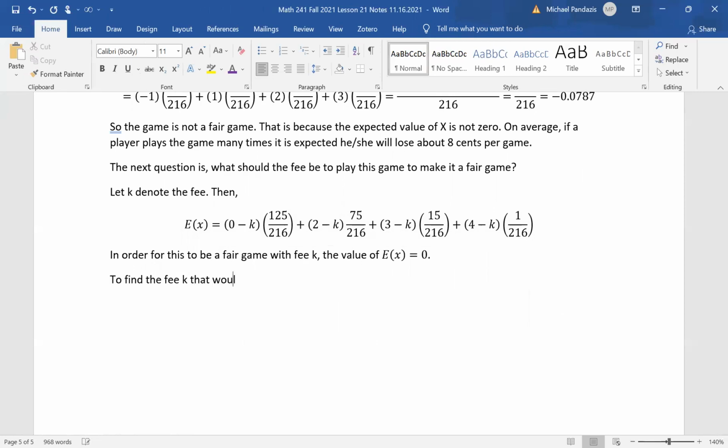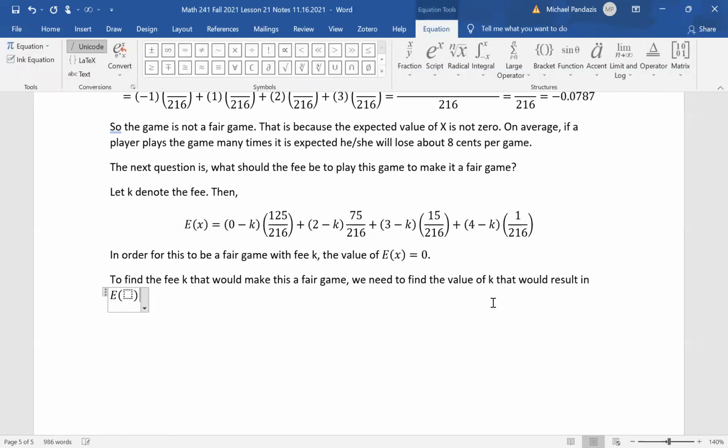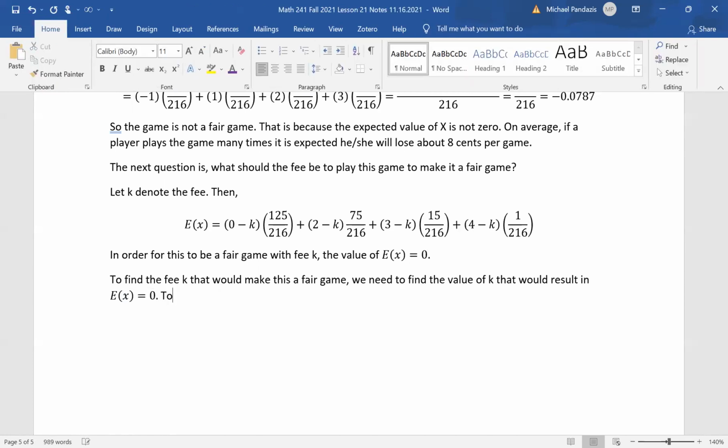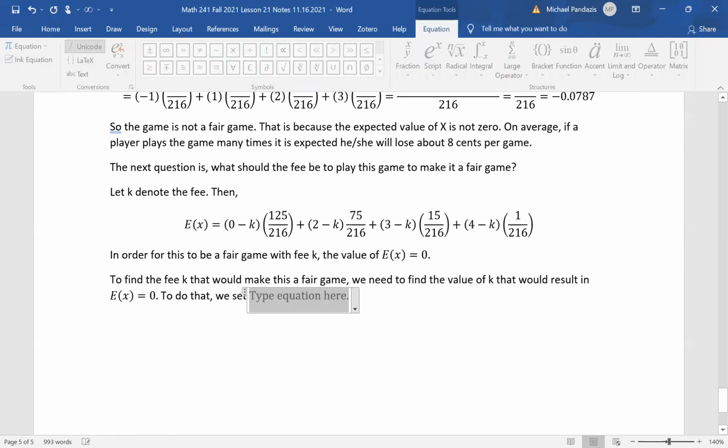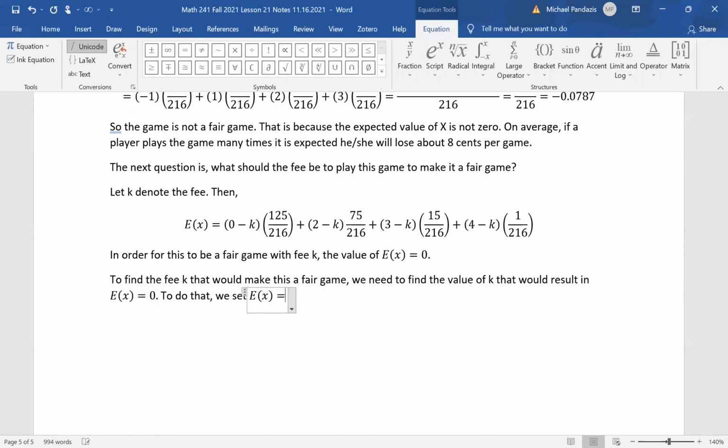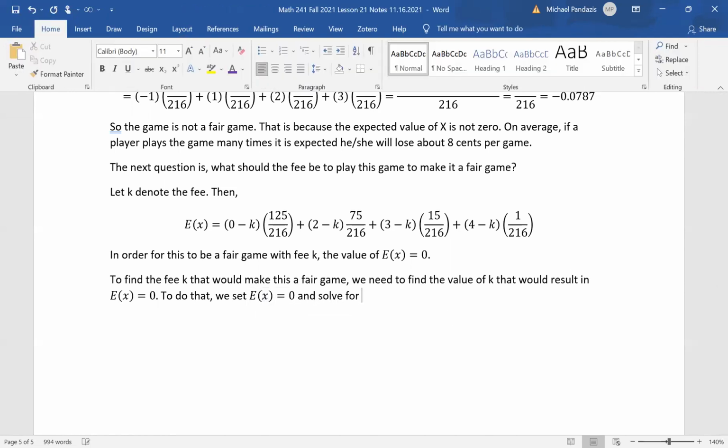To do that, we set E of X equal to 0 and solve for k in the above equation.